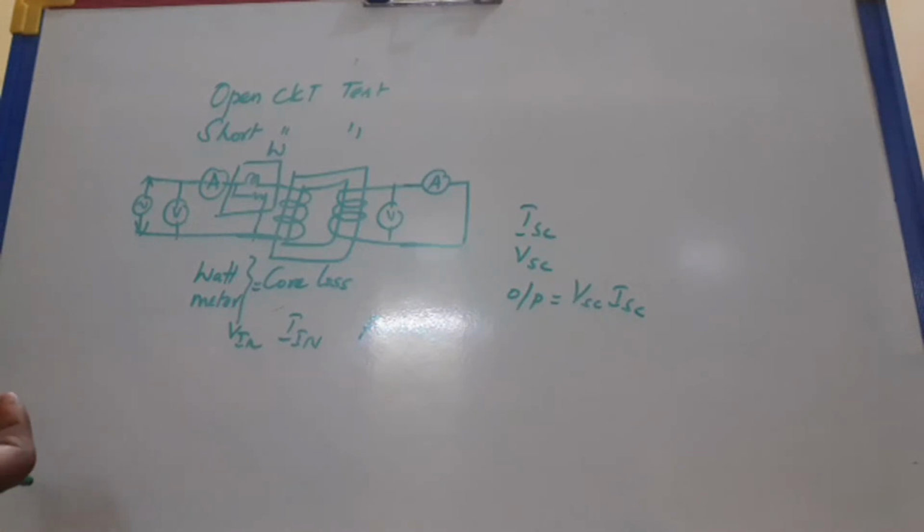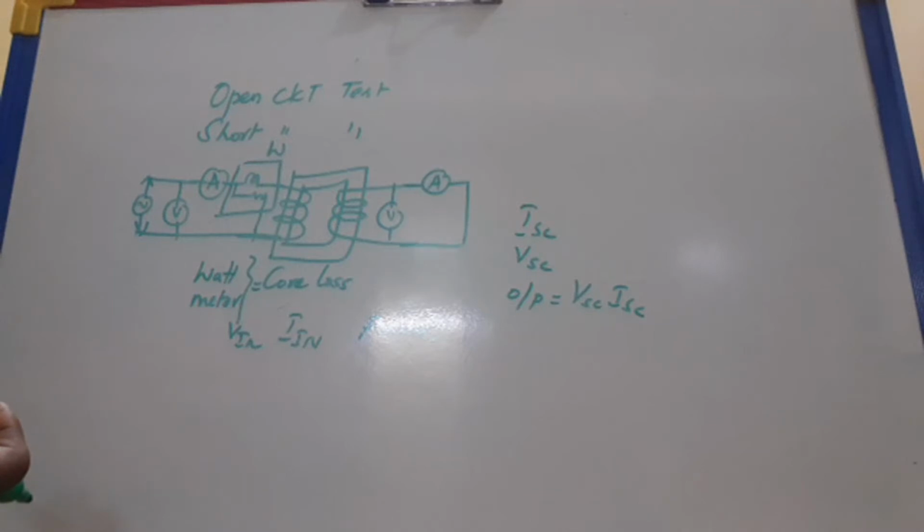Here we are identifying the core loss on the primary side and the copper loss on the secondary side also. Since we are short circuiting the winding, more current will flow in the secondary winding, so that we can get the loss in the winding.